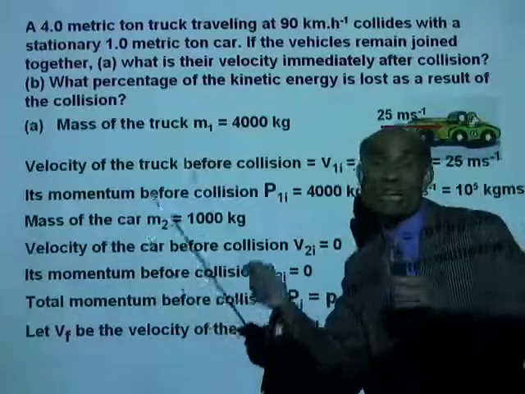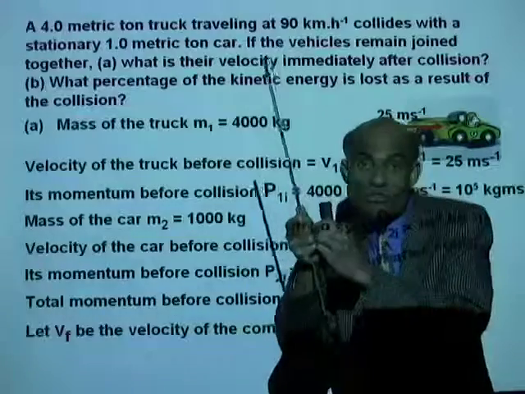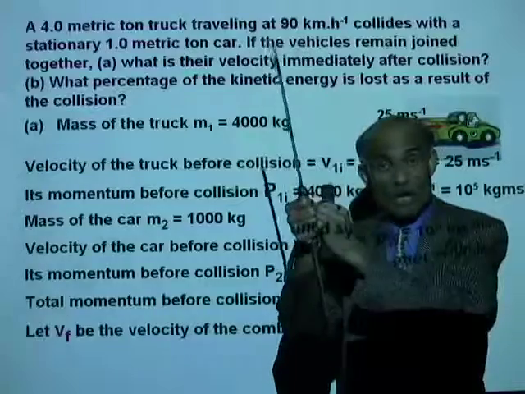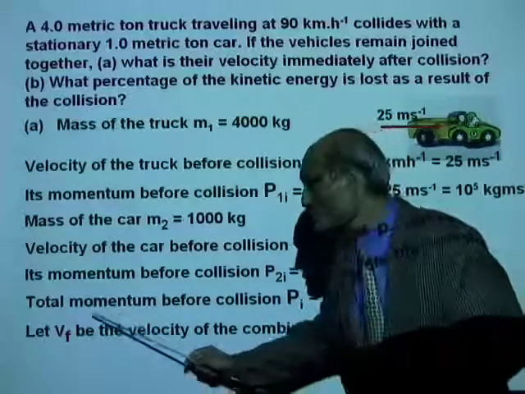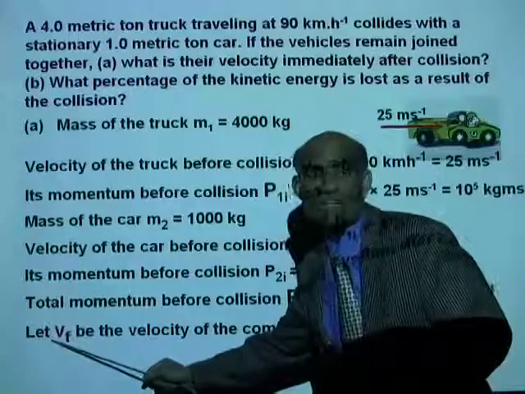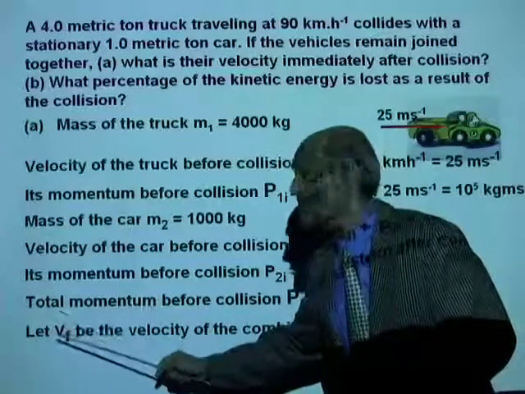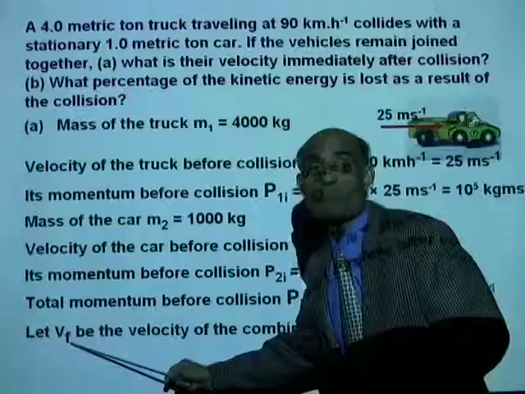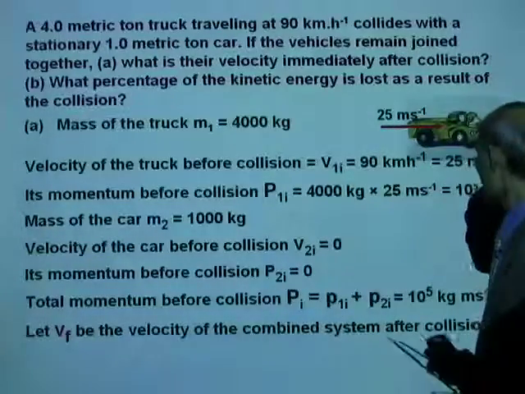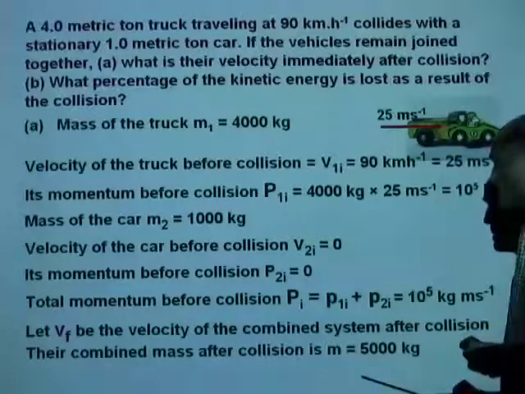We need to find the velocity of the system after they collide. They join together, and let's assume the combined velocity of the wreck after they collide is Vf. Let Vf be the velocity of the combined system after collision.